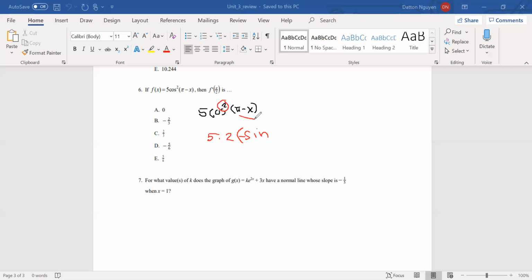Then I take the derivative of the inside, times the inside now. So what's the derivative of pi minus x going to be?